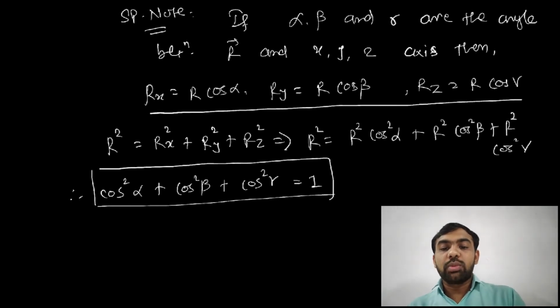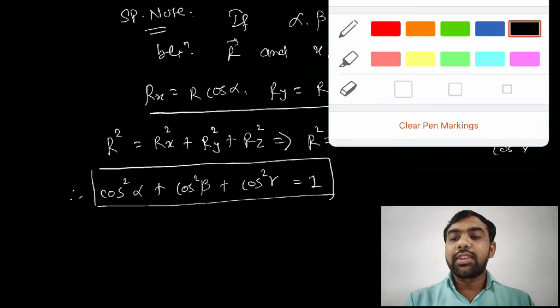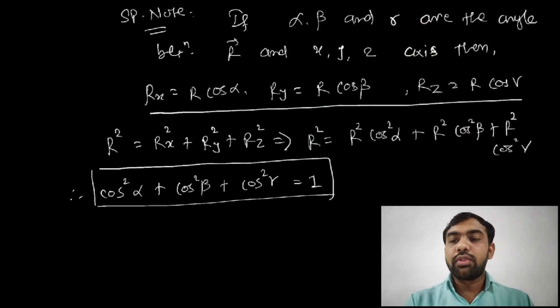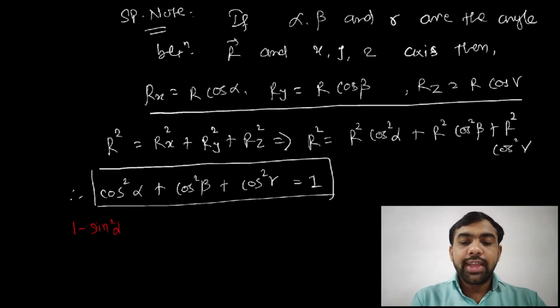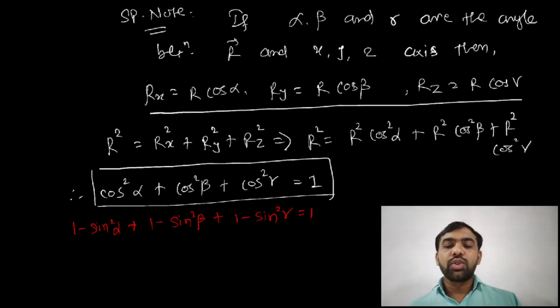Cos square alpha plus cos square beta plus cos square gamma is equal to 1 for a 3-dimensional vector, where alpha, beta and gamma are the angles of the resultant vector with the x, y and z axes. Similarly, if you convert this to sine, put 1 minus sin square alpha plus 1 minus sin square beta plus 1 minus sin square gamma equal to 1.